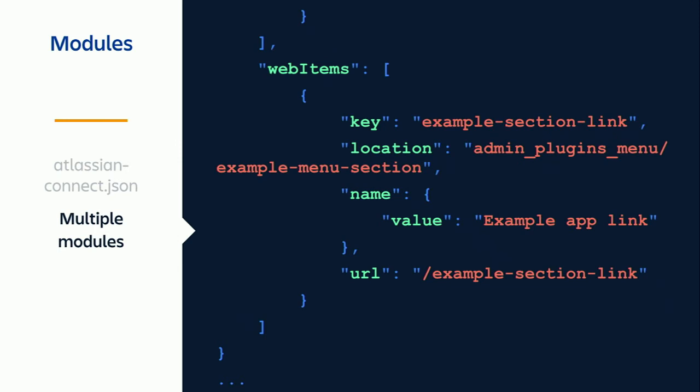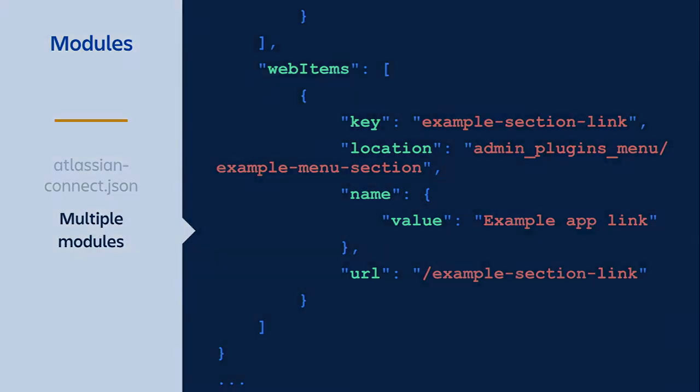Its location is also the admin plugins menu, but it's the example menu section, which is the key name of our web section. So this web item is actually going into the web section that we defined earlier. When they click on this web item, it will go to that URL, example section link. So that's just an example of how these modules could potentially work together, and how you need to add them into your descriptor.